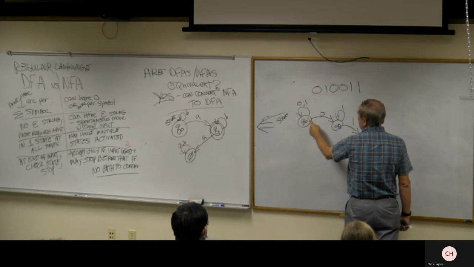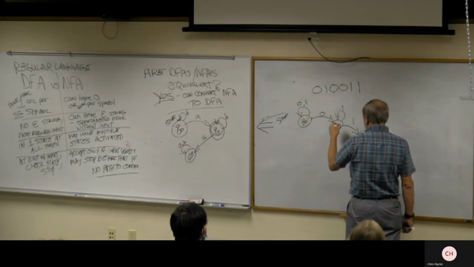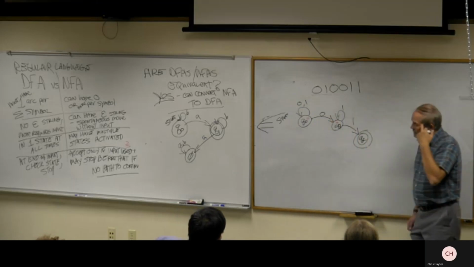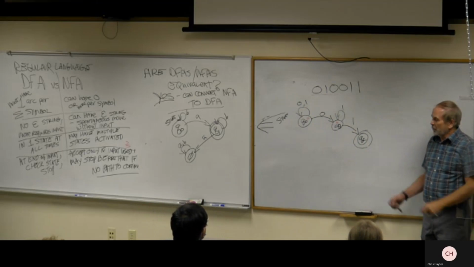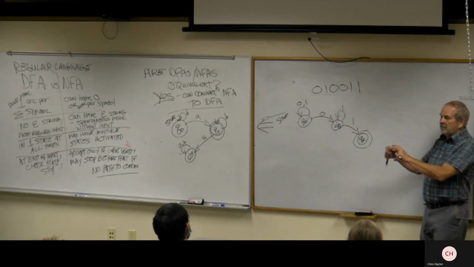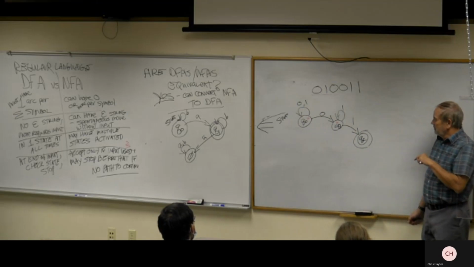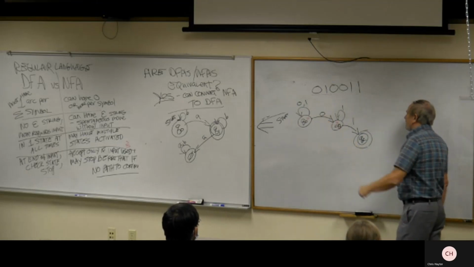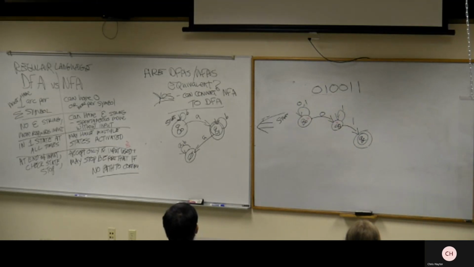So Q0 was on and waiting for input. We gave it a 0 and it said, oh, okay, I can loop by myself and I can go to Q1. So at the end of this character, it's maybe a little uncomfortable, but we just deactivated Q1 because when we were in Q1, if we saw a 0, it turned it back off because there's nothing to do.